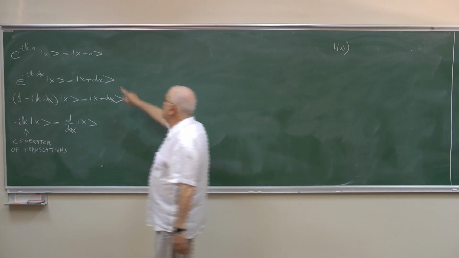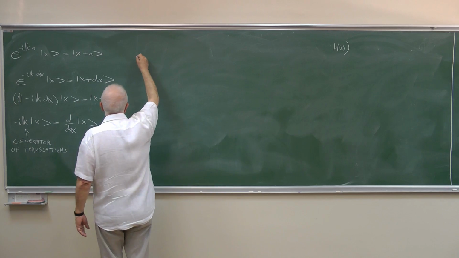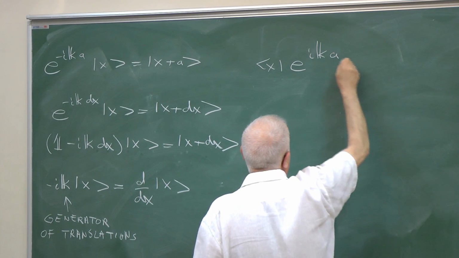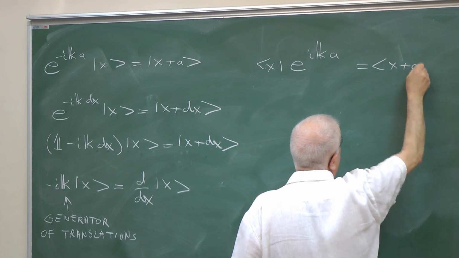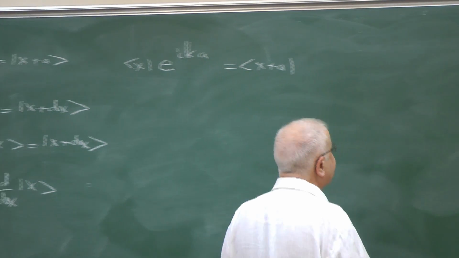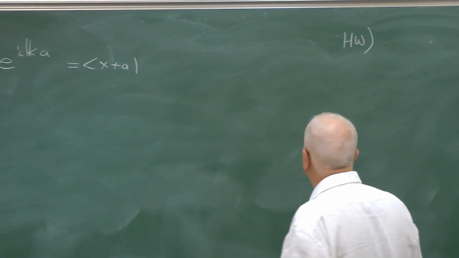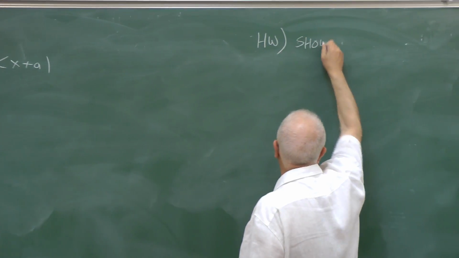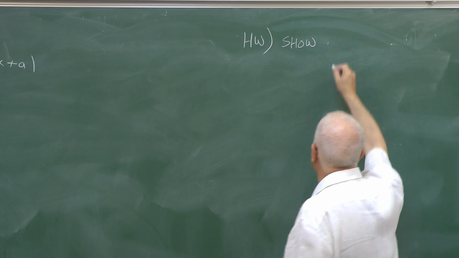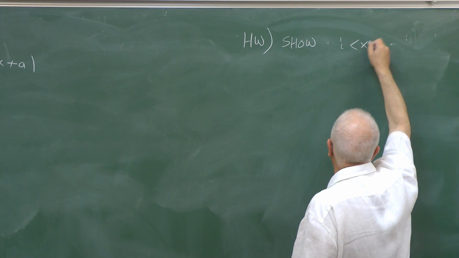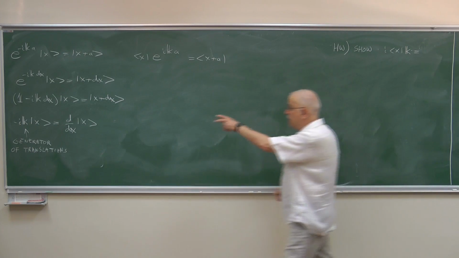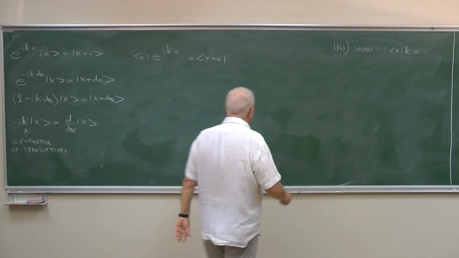We just invert this to x e to the I ka, giving x plus a bra. So for the homework problem, I would like that we show I x k equals to, you see, minus I becomes I and ket becomes bra.